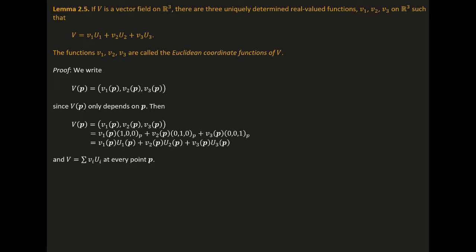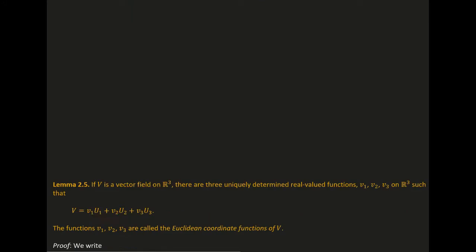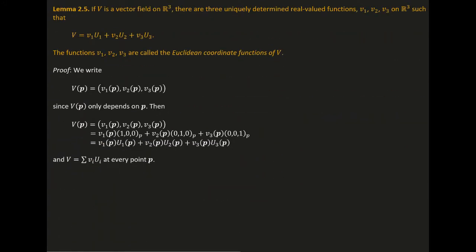Then we use the definition of the natural frame field to replace the tangent vectors 1, 0, 0, 0, 1, 0, and 0, 0, 1 with our U1, U2, and U3 vector fields.